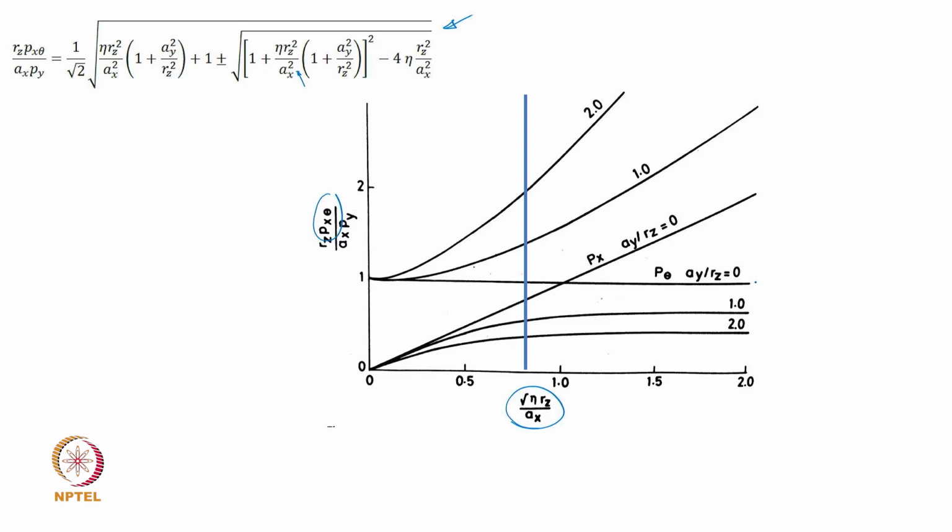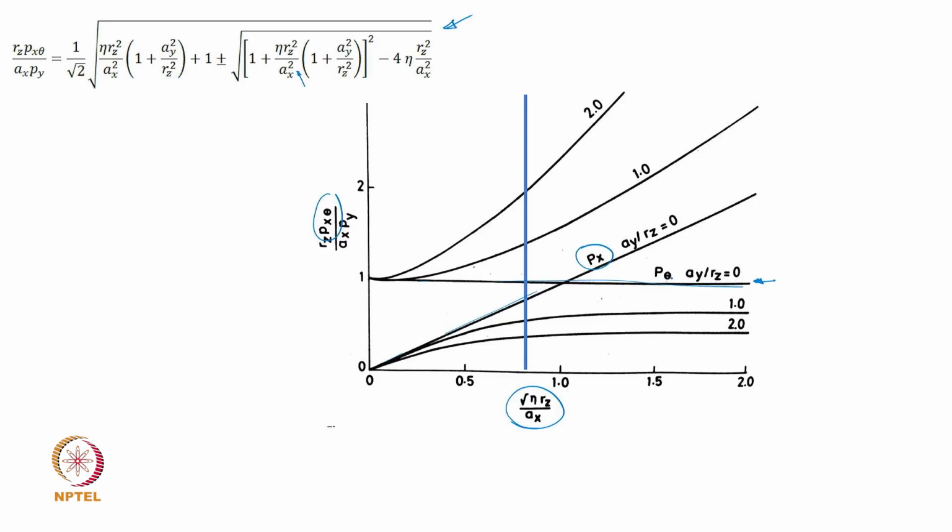First, we also plot the two decoupled natural frequencies. So px, which is the expression that we obtained in the previous slide, is square root of eta into py. That is the expression that we have. Okay, so it is plotted as this line, and p theta is plotted as this line.